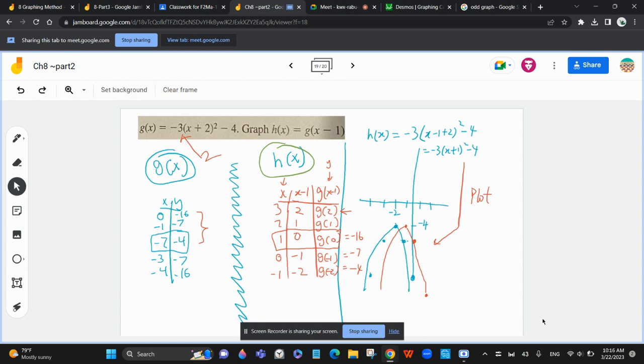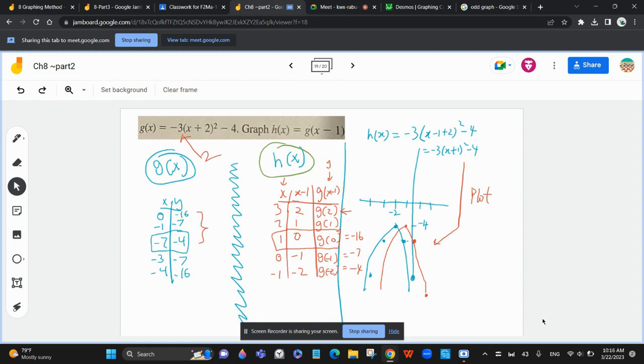So you see negative 2 and negative 1, there is a translation to the right. You move the function to the right by 1 unit.